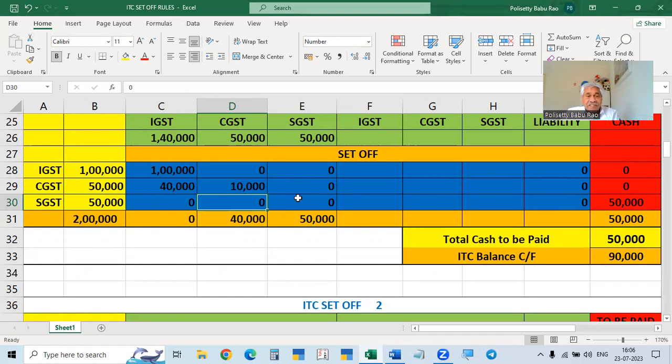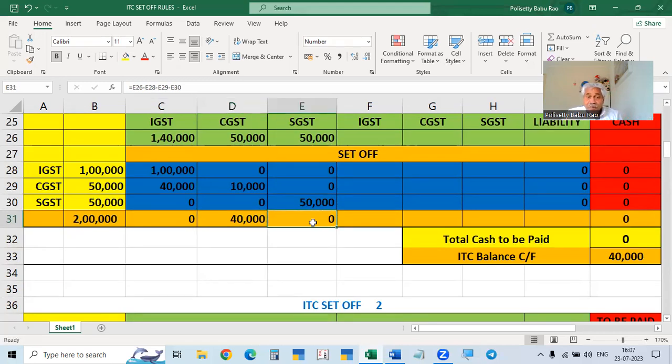And here nothing is adjusted against this one. All the 50,000 is to be adjusted from the SGST liability. So the liability is 0 and the SGST balance is 0, and in CGST ITC, still there is 40,000. It will be carried forward to next month. But see here, there is a CGST balance, but SGST balance is not there.